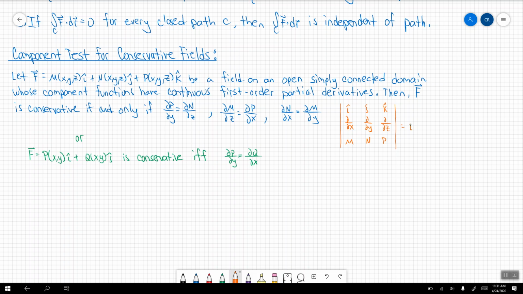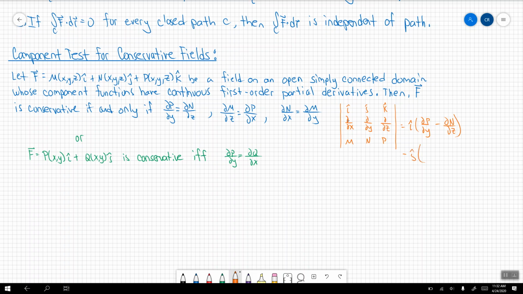So I'm going to go in the i component. In the i component, we're going to have the partial of P, because again, I'm multiplying these two. So it's going to be the partial of P with respect to y, minus, and then I'm going to subtract out the minor here, and that's going to be the partial of N with respect to z. There we are. And then minus, all right, I'm going to do the minus here. So minus the j component.